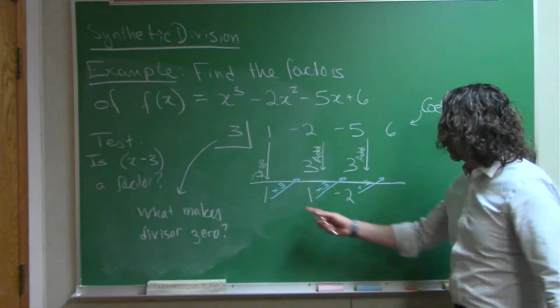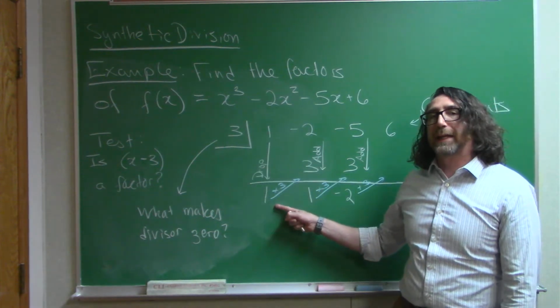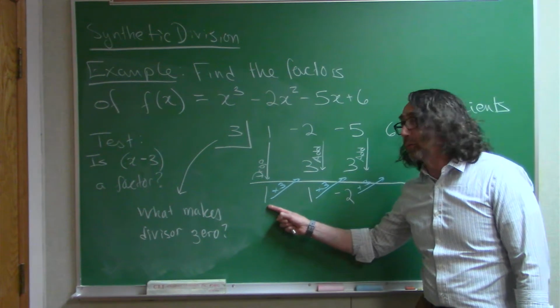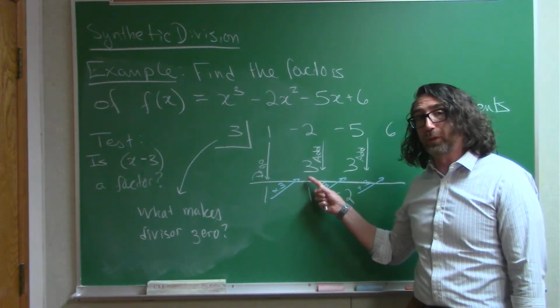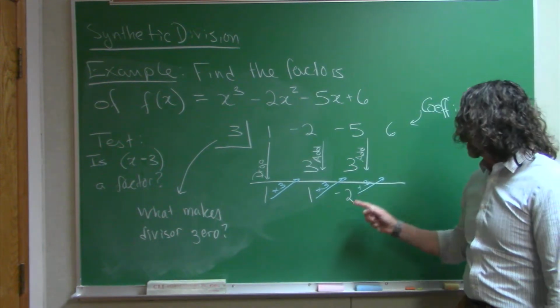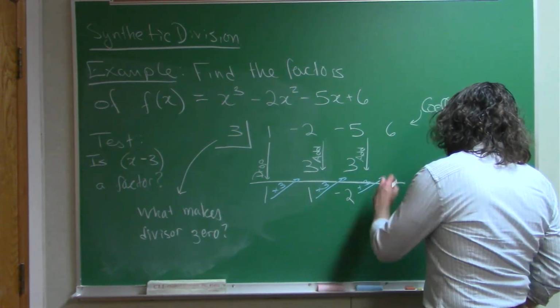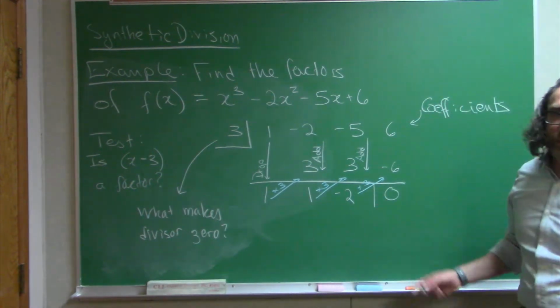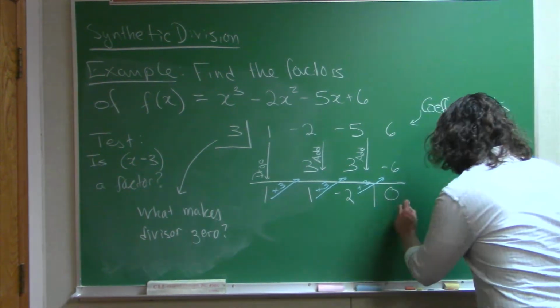Multiply by 3. Okay, so notice, whenever I get down to this line, whatever I have, hit it with 3, and that's what you put here. So multiply, add, multiply, add, multiply, which gives me a -6, add, give me a 0, put a little separator right there.